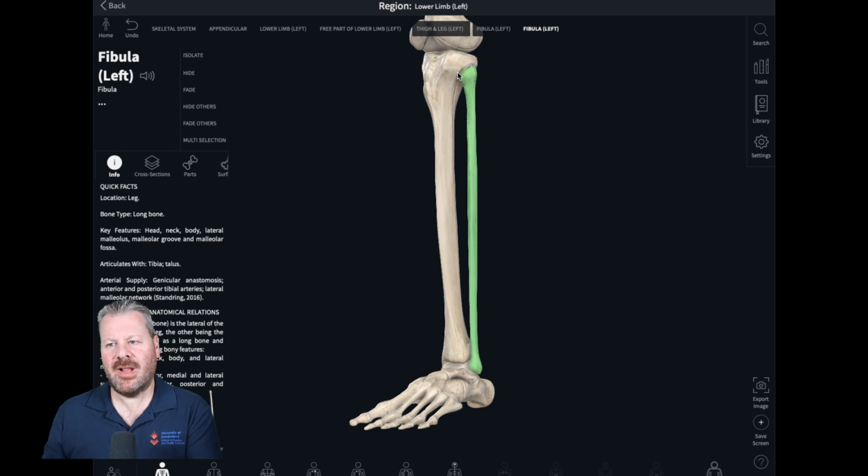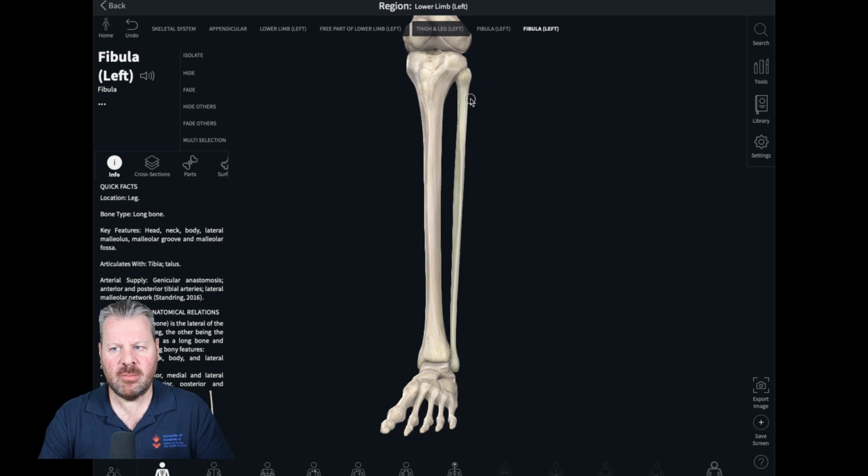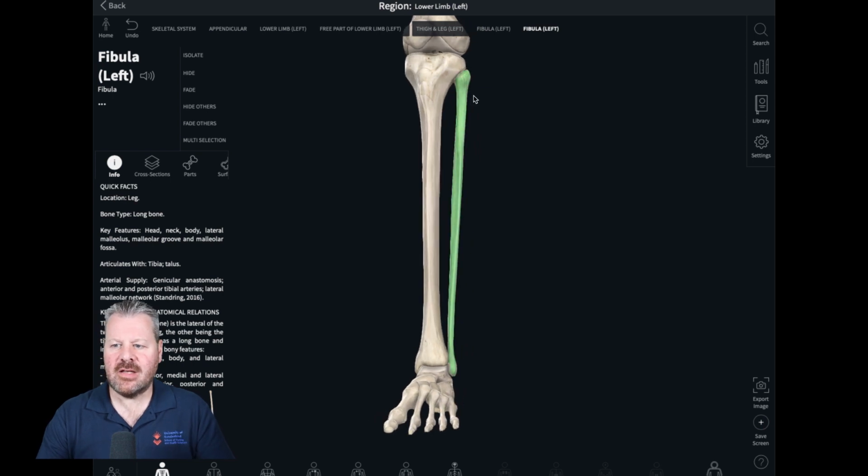This proximal end, or the superior aspect of the fibula, the proximal tib-fib joint, actually does move a little bit. And if we move that round, you can see that the fibula is a non-weight bearing bone. It is there to transfer load from the tibia by way of the interosseous membrane and muscle attachments.